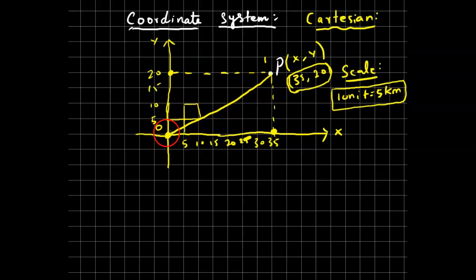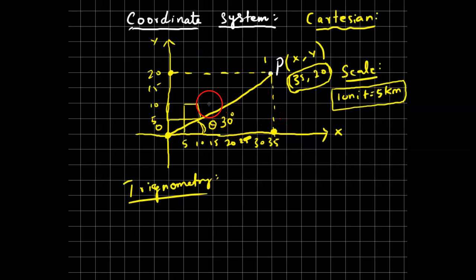So how are they going to reach this point? Now we need the angle. They will calculate the angle from this. Suppose they find this angle is 30 degrees, now they will use trigonometry and the Pythagoras theorem.